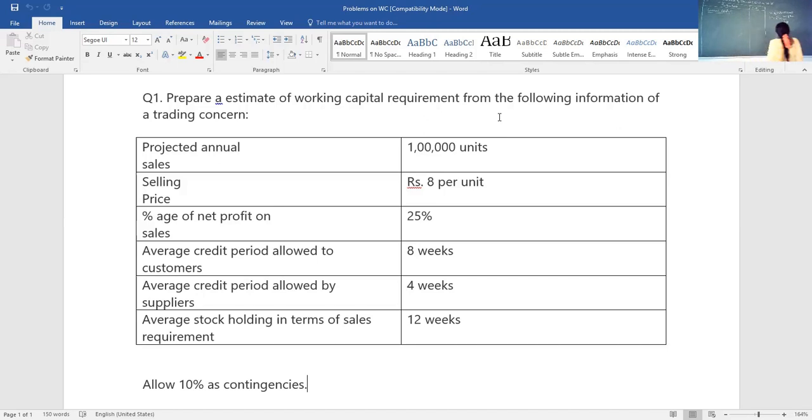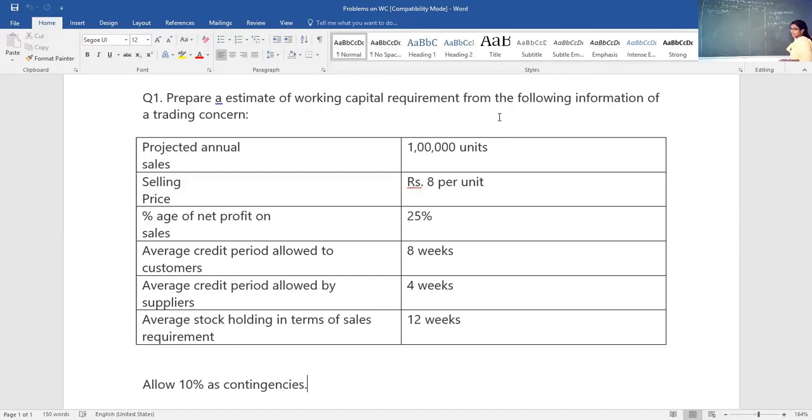Okay. Now our duty is to remove the profit and look into only the cost information. So how do you take out the profit? The third line of the question says that the average net profit on sales is 25%, which means 25% of 8 rupees is your profit.